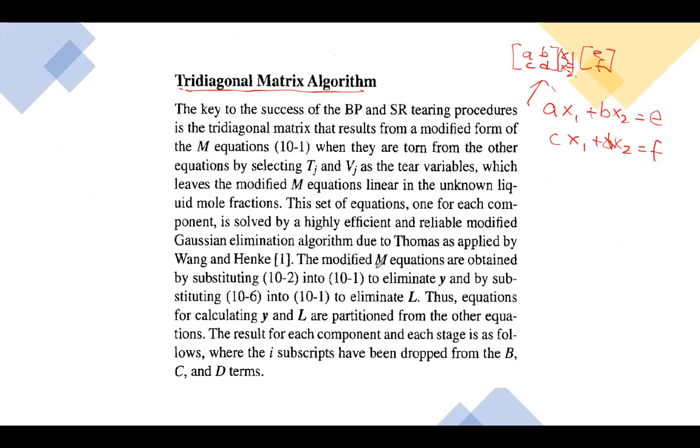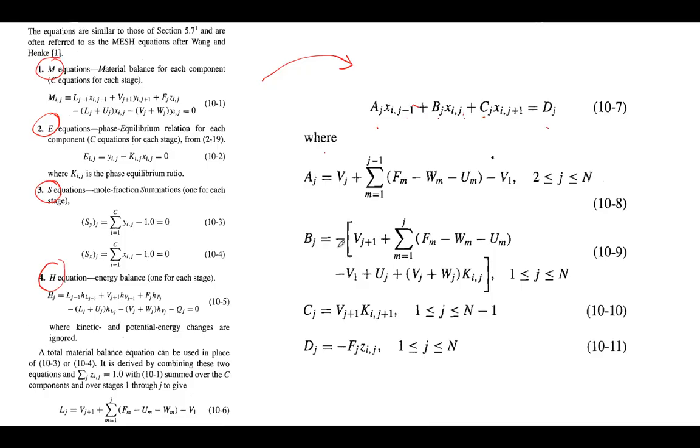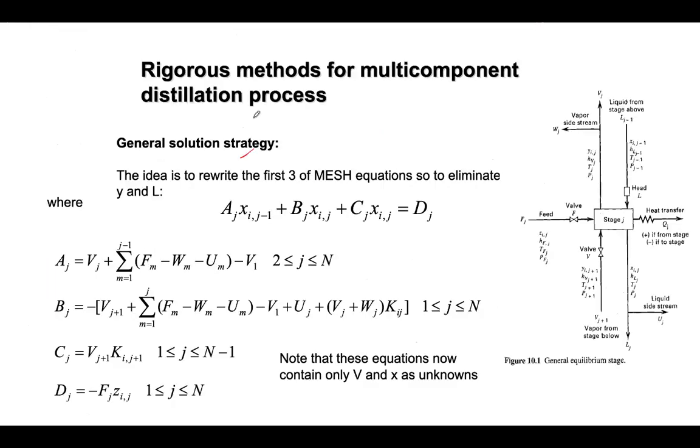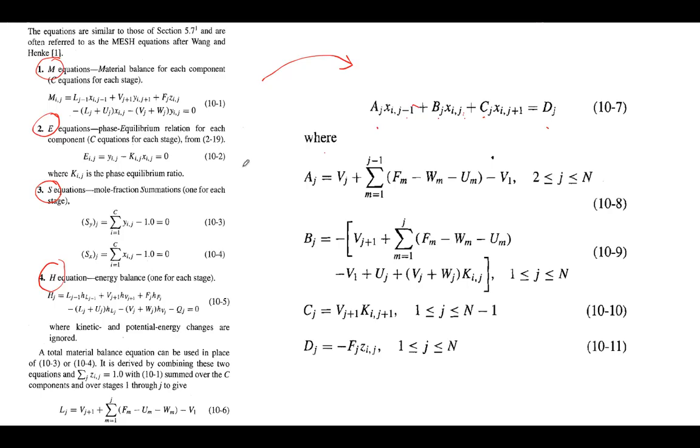The modified M equation is obtained by substituting 10.2 into 10.1 to eliminate Y, and substituting 10.6 into 10.1 to eliminate L. So basically what they do is they subtract this one to here, and also maybe subtract from this one into there, and they end up with this type of equation.